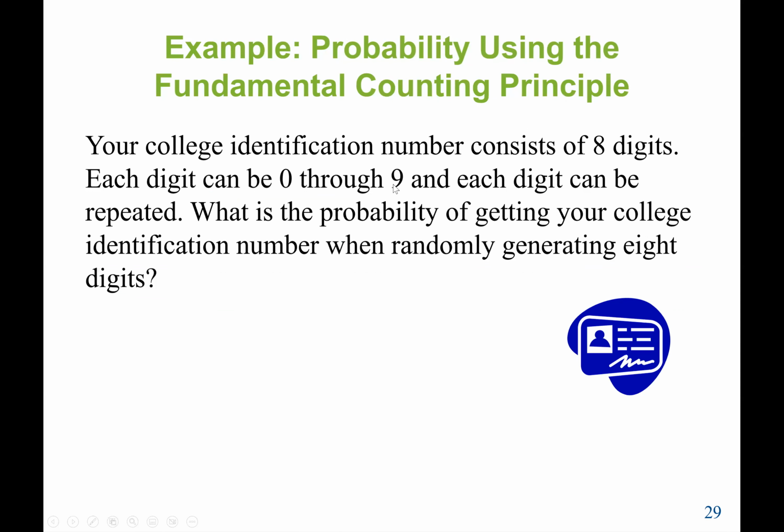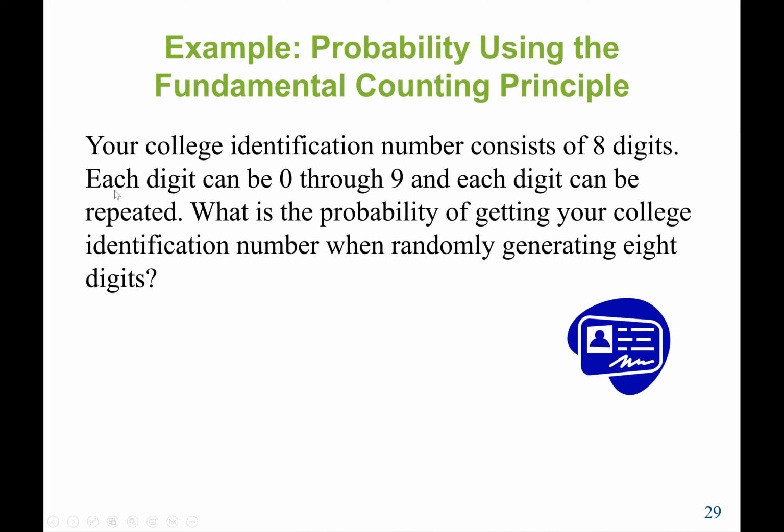Your college identification number consists of 8 digits. Each digit can be 0 through 9, and also each digit can be repeated. What is the probability of getting your college identification number when you randomly generate 8 digits?